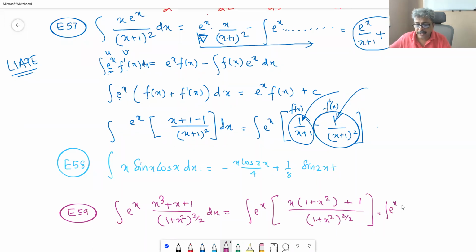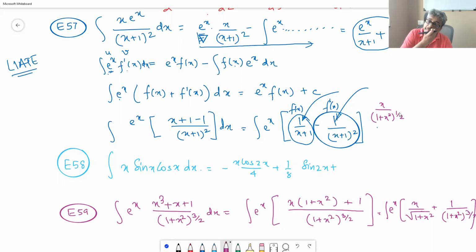Therefore, integral e raised to x inside bracket x upon radical 1 plus x square, that is your first term, plus 1 upon 1 plus x square raised to 3 by 2. What is the derivative of this? You try to find out the derivative of that. So basically it is x upon 1 plus x square raised to half. Correct?